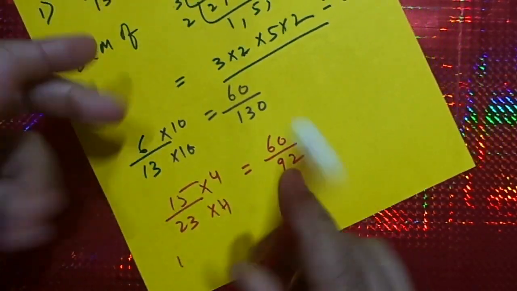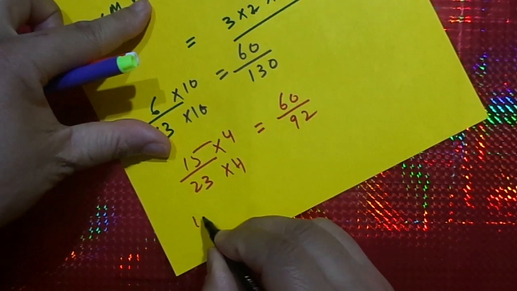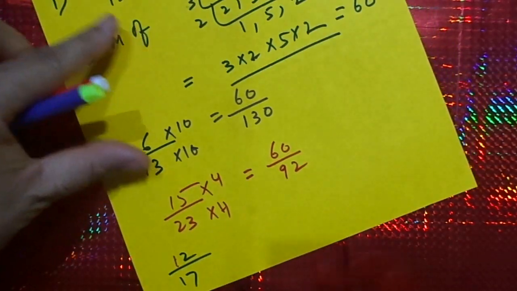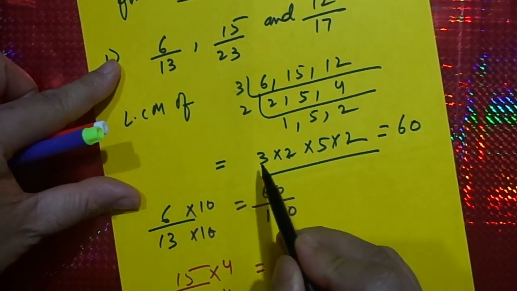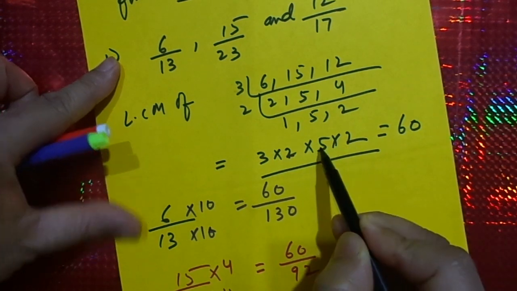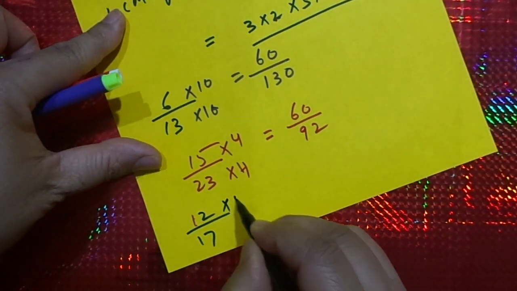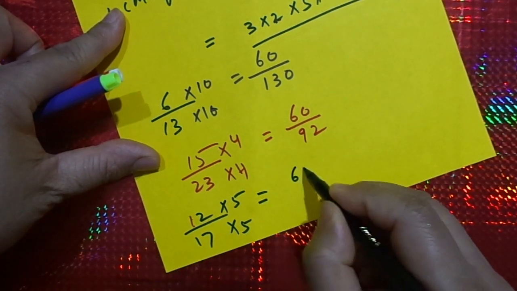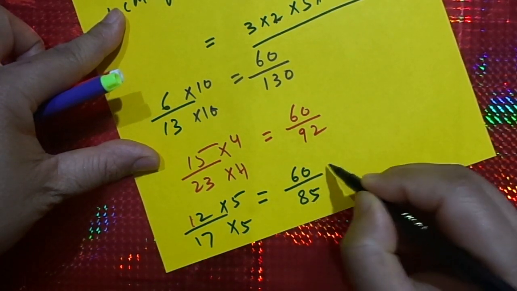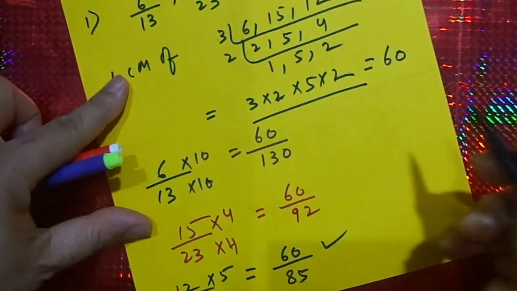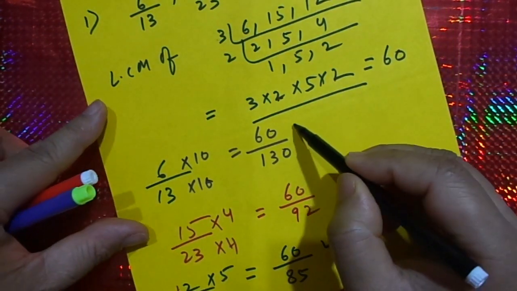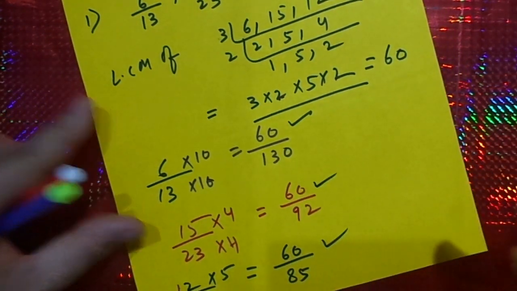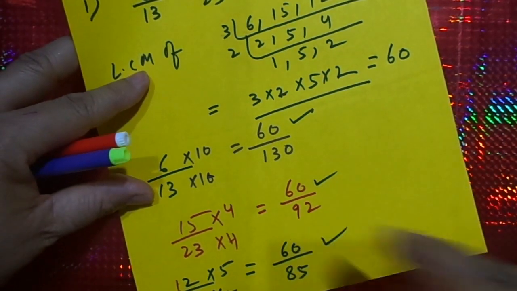In 12 by 17, let's remove 12 from here. 3 2s are 6, 2 6s are 12. 5 remains. So I am going to multiply the numerator and the denominator by 5, and I'll get 60 by 85 as our final solutions, and I find that all of these fractions have got converted to equal numerators.